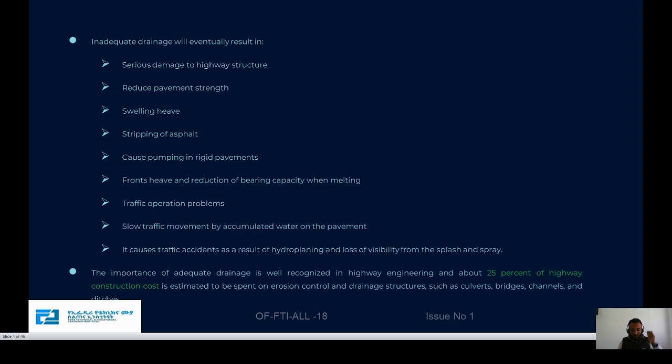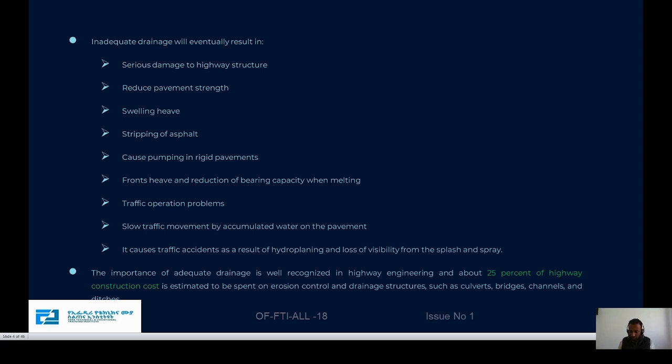The importance of adequate drainage systems is mostly erosion control, and the pavement structure will be stronger, there are no defects on the roads, and accidents are minimized. This is provided by surface and subsurface structures.